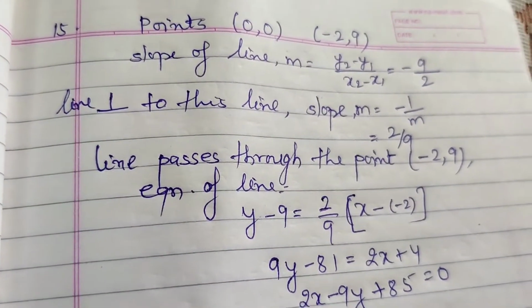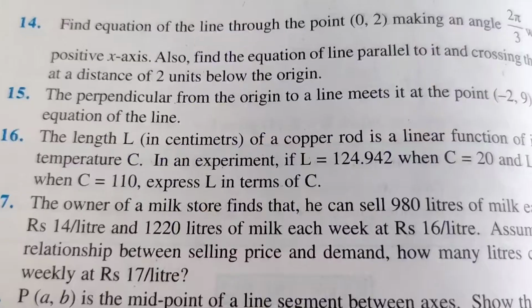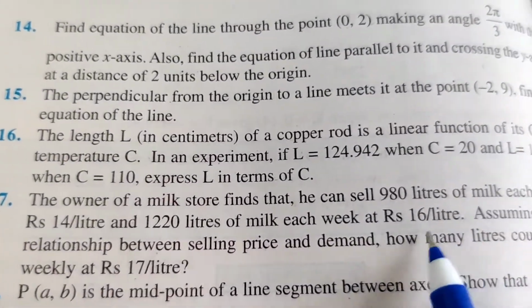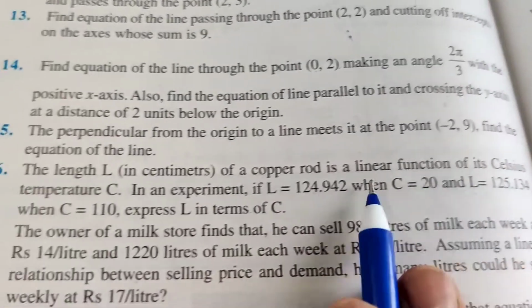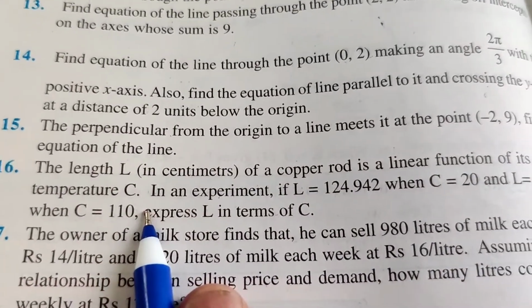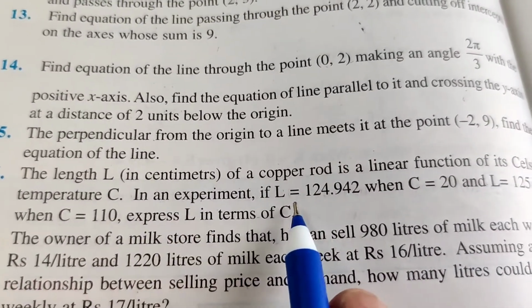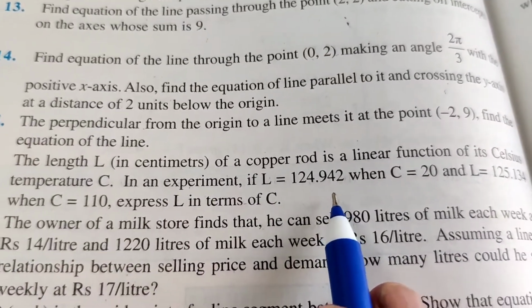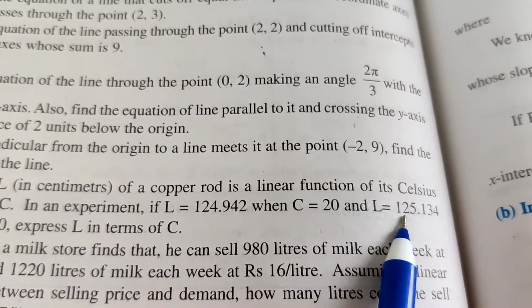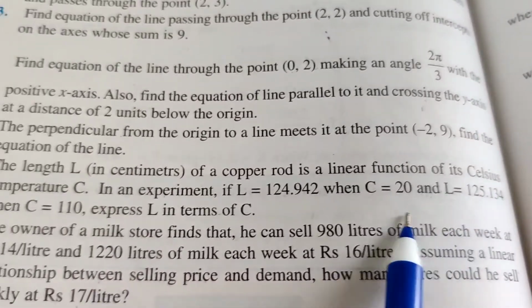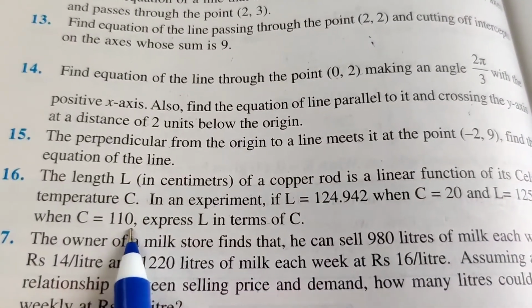Next, question number 16. The length L in centimeters of a copper rod is a linear function of its Celsius temperature C. In an experiment, L equal to 124.942 where C equal to 20, and L equal to 125.134 when C equal to 110.